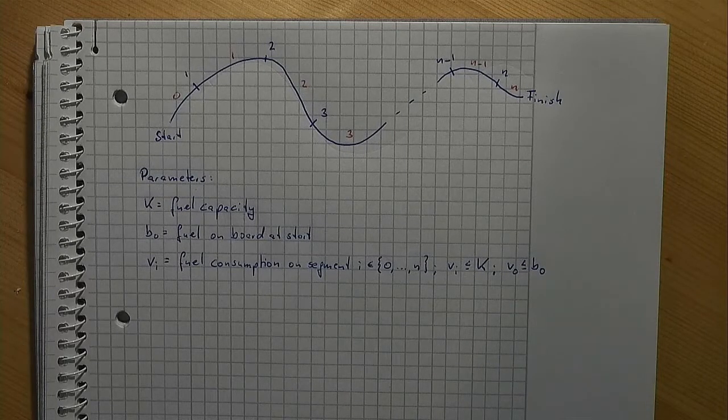At a gas station we can buy fuel if we like to. Let xi be the amount of fuel that we buy at gas station i.